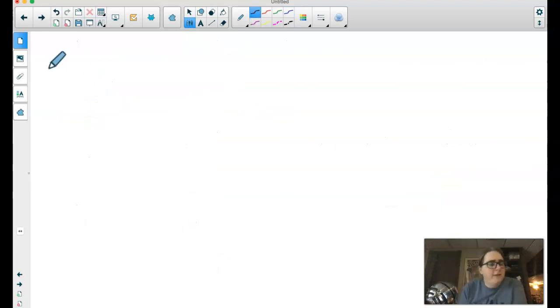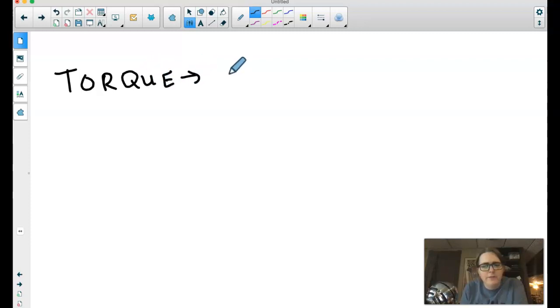So we have a mathematical definition of torque, but I think it's also important to have a conceptual definition. So we're going to think of torque as something that causes angular acceleration.